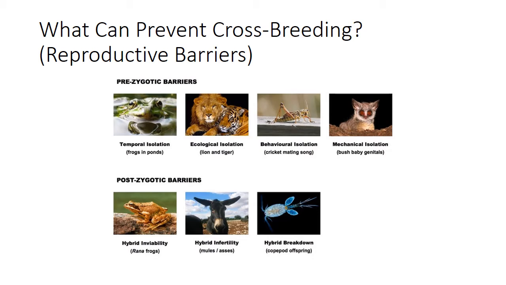Or there is also an interesting barrier which is called hybrid breakdown, when the offspring is viable and fertile theoretically, but it is so weird, so different from its parents, that it simply will not find a mate in its population. So it's the end of the line too.